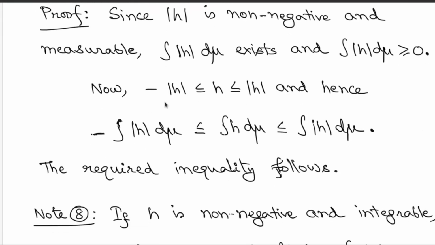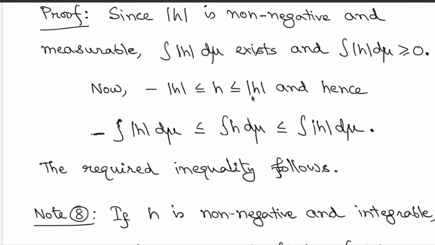But now compare these functions. Since h falls between the functions minus mod h and plus mod h, you can automatically compare the integral values. So what is the integration of minus mod h? It is nothing but minus the integration of mod h. And that is dominated from above by the integration of h, simply by following that inequality.